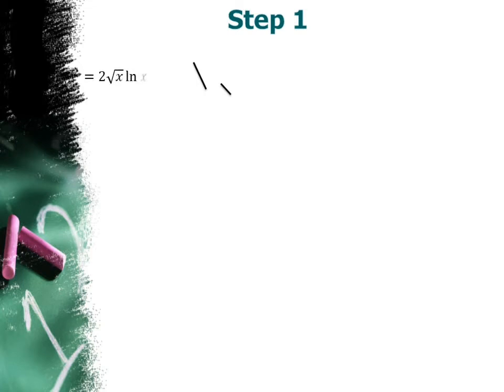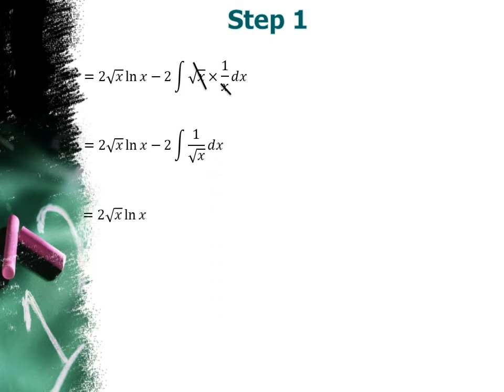Then we can cancel square root of x and x, and it will become 2 square root of x ln x minus 2 times the integral of 1 over square root of x dx.